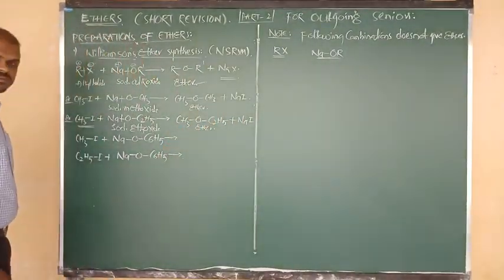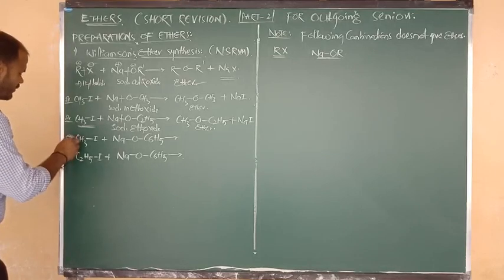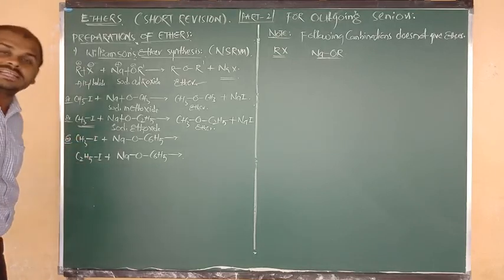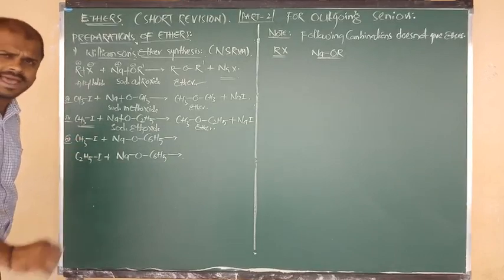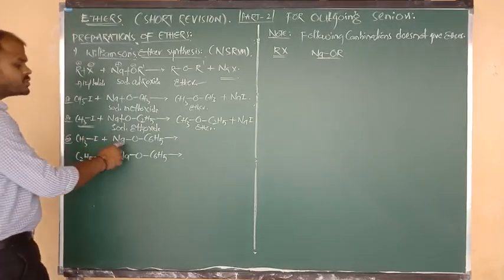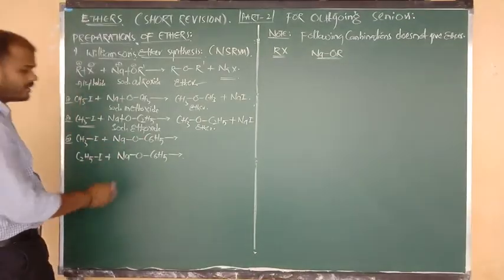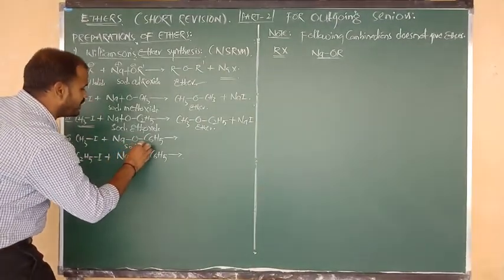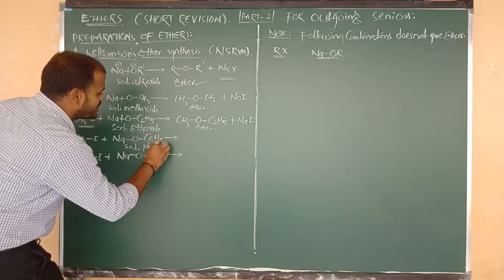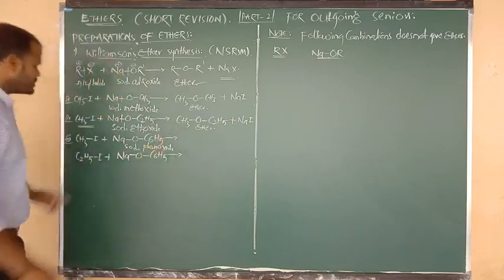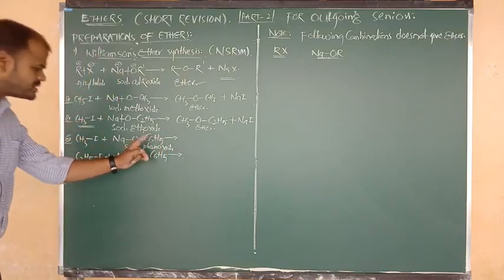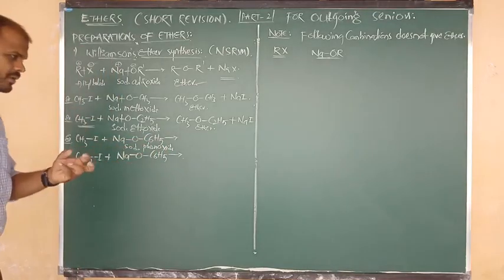Next one. Again another example I want to give you. Methyl iodide CH3I, or methyl chloride as we wish, when it reacts with sodium phenoxide, benzene bonded to ONa. What is the name of this alkoxide? Sodium phenoxide. So methyl iodide on reaction with sodium phenoxide gives a product.